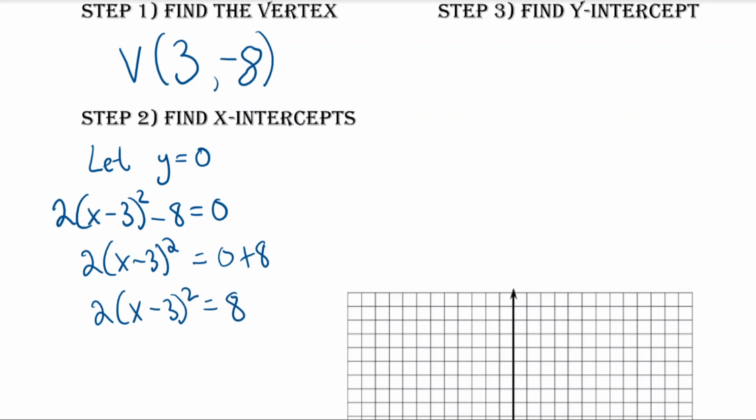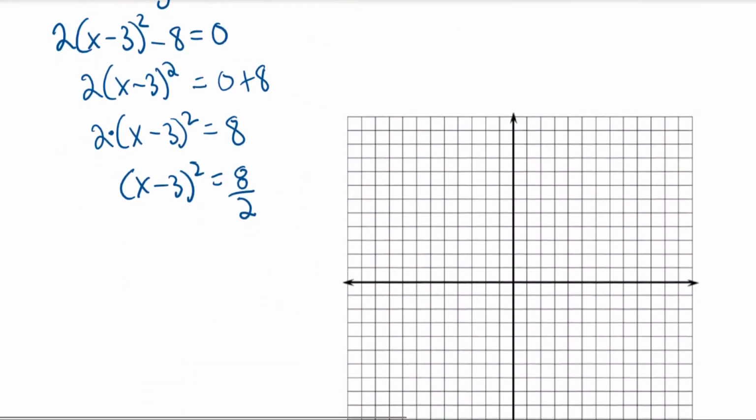Now we can see we have 2 times the x minus 3 squared. The opposite operation of times is division, so we just divide both sides by 2, and we end up getting x minus 3 squared equals 8 divided by 2. And that results in an answer of 4.